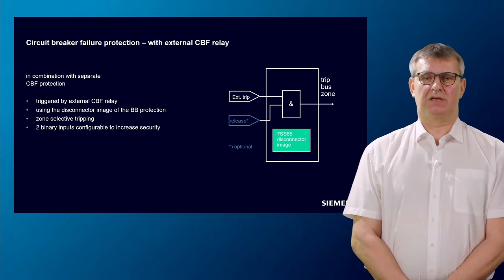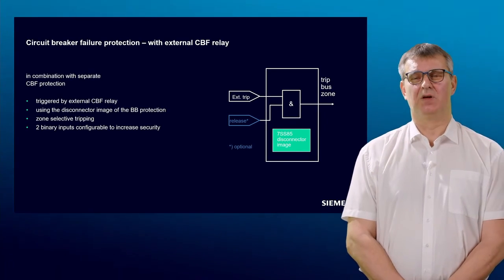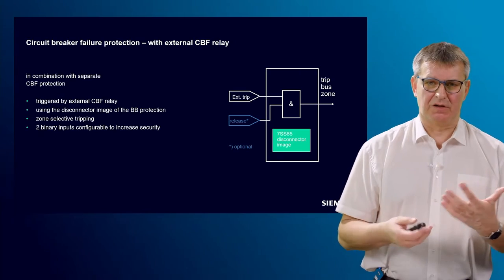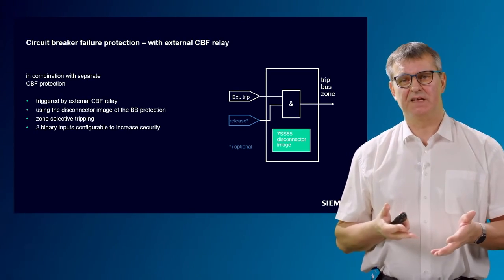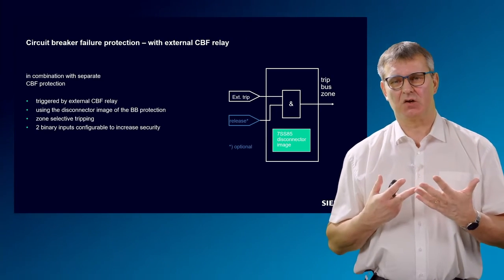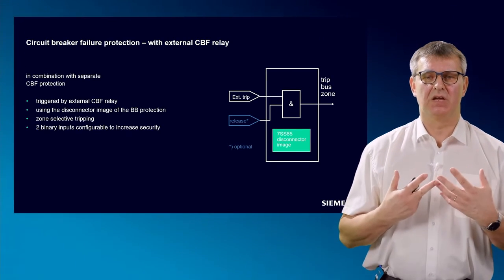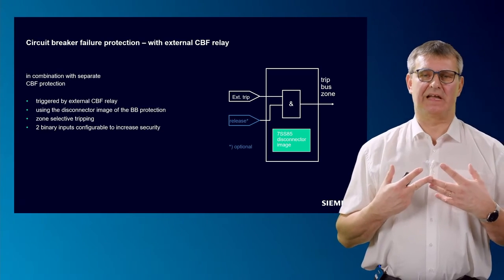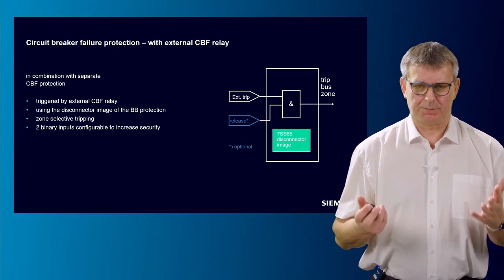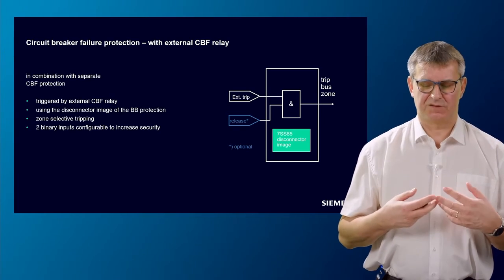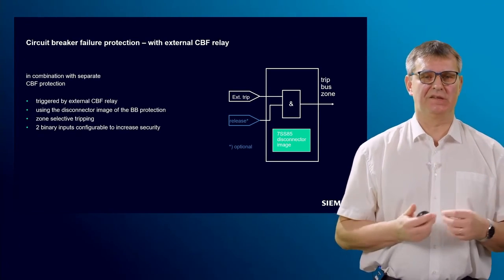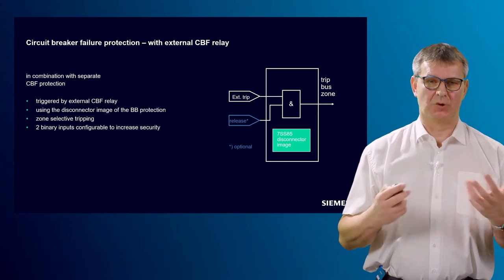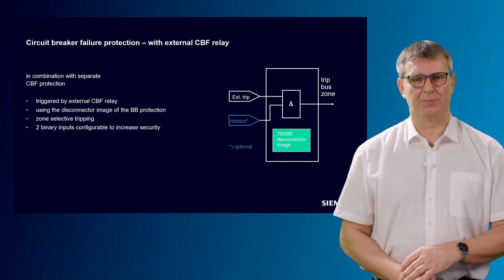So typically, the external trip will come from this external feeder protection, from this external circuit breaker failure protection device, and the release input typically will be driven by the pickup of the protection function, the pickup of the overcurrent protection or anything else, to have an additional security against wrong tripping by using this external trip.